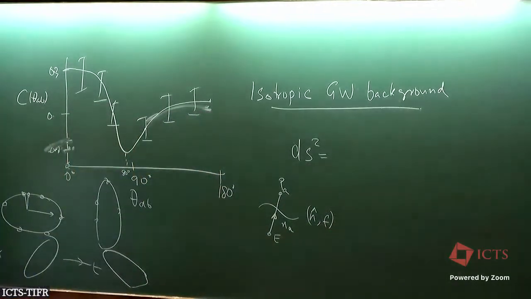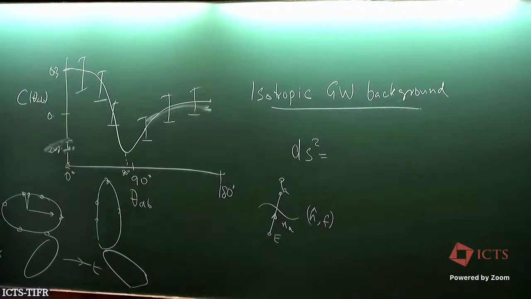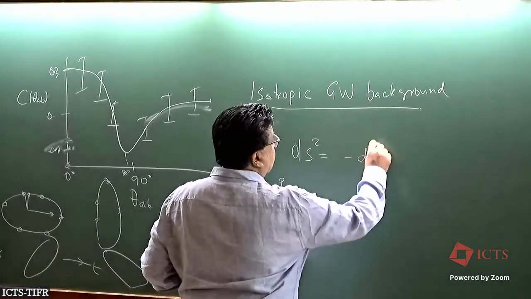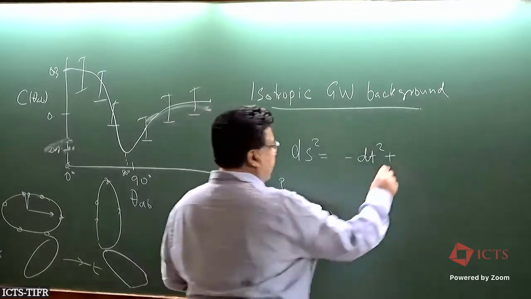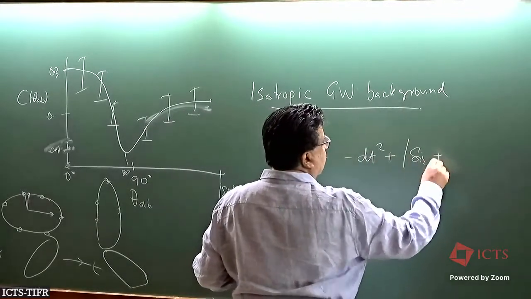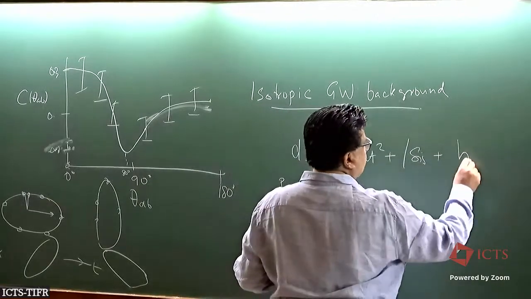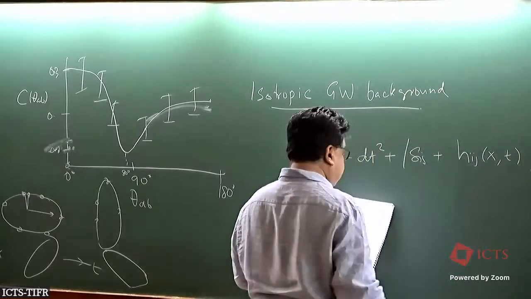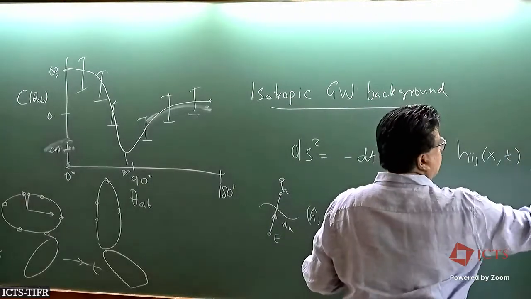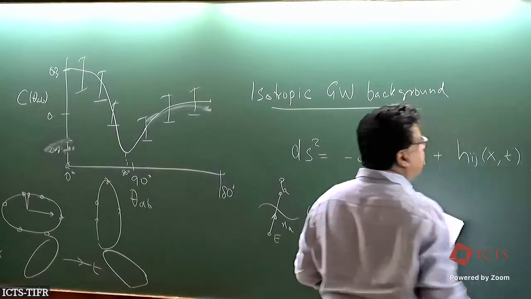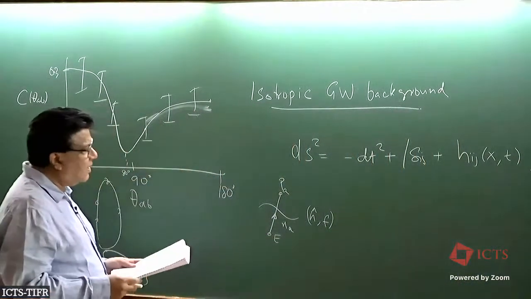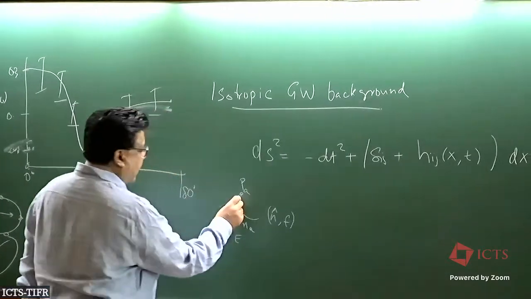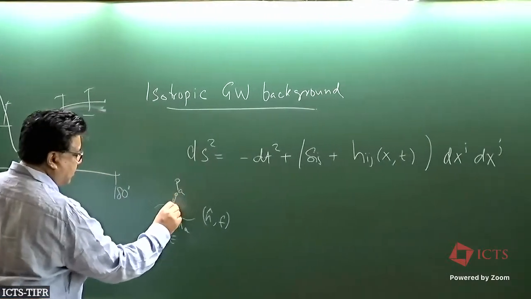Now, this is generally how you write the metric, delta_ij plus h_ij(x,t). And so we are talking about null propagation. So we are looking at this light which is propagating from the pulsar to this place.